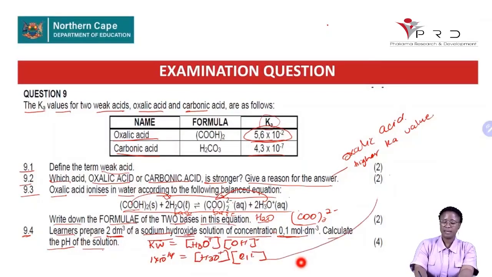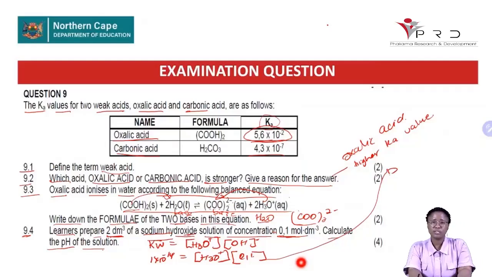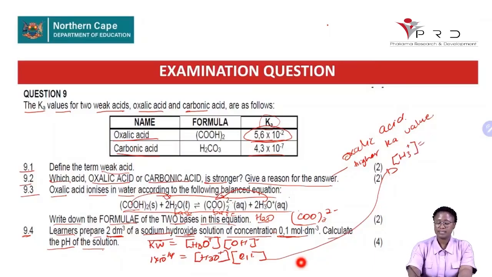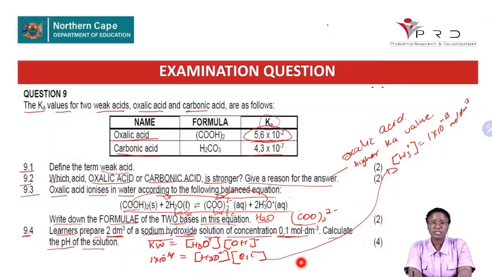When you did the maths correctly, you solve for the concentration of hydronium ions. I hope you got the correct answer. How much did we get, guys? Yes, I got 1 times 10 to the power negative 13 mole per decimeter cubed. Okay, now that I have the concentration of hydronium ion, I can quickly go to the pH.